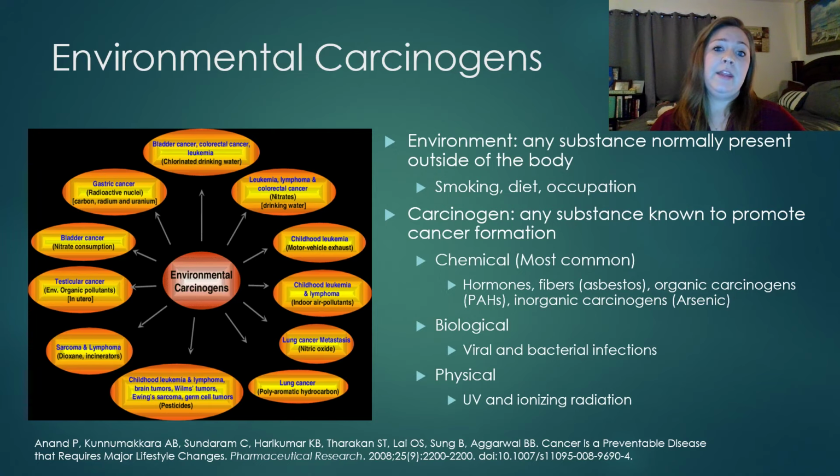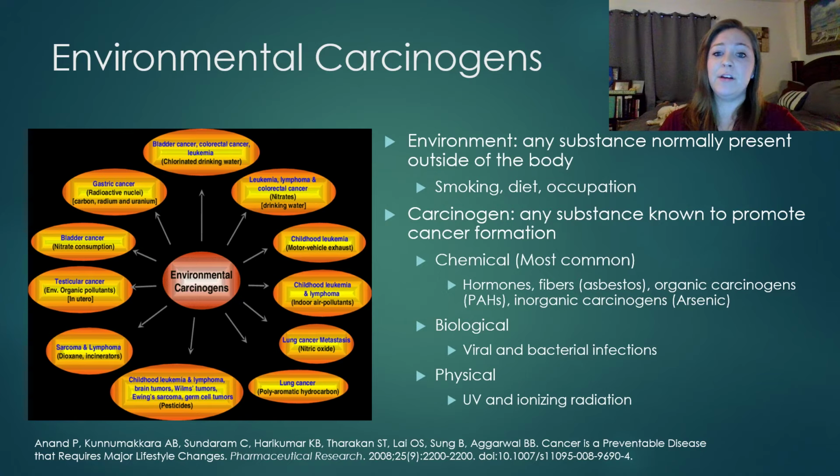And these chemical carcinogens are either hormones or fibers, which more commonly something that people can identify with is asbestos. Then we have organic compounds as well. Those are polycyclic aromatic hydrocarbons, or PAHs, which is a lot easier to say.